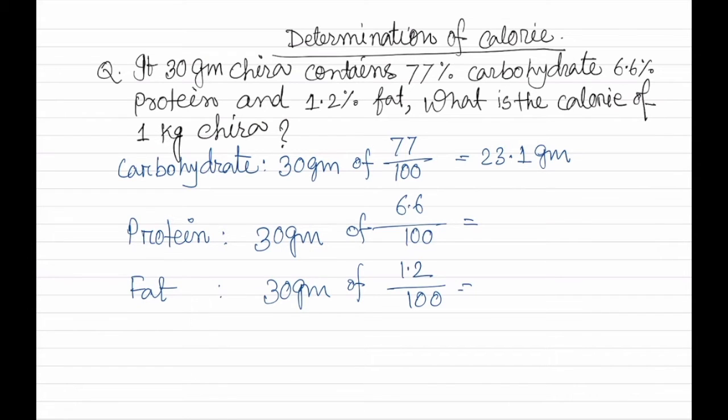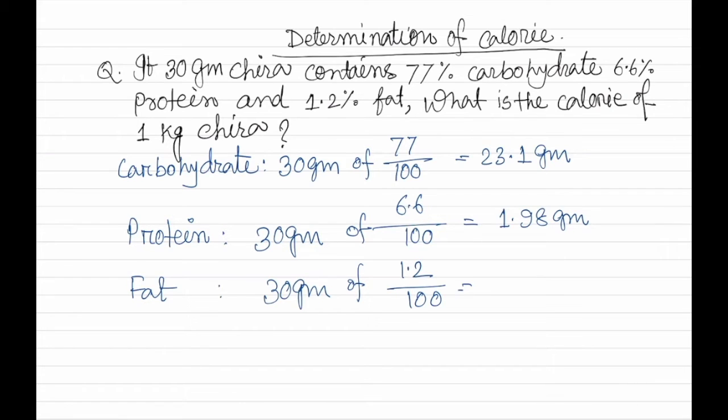The answer will be 0.36 gram. With the calculation, we can easily say that these three substances are contained in chira, but the rest of the substance will be mineral salts, water, and other substances.